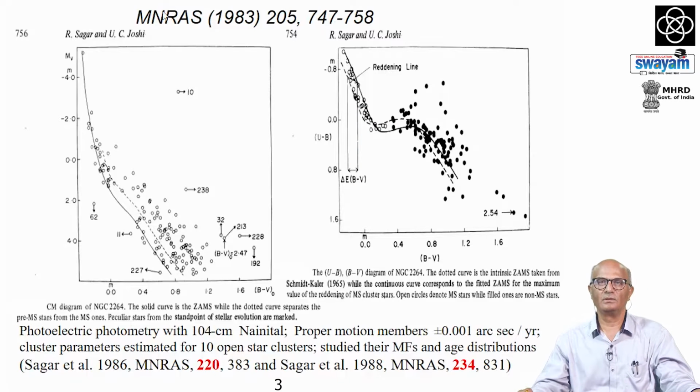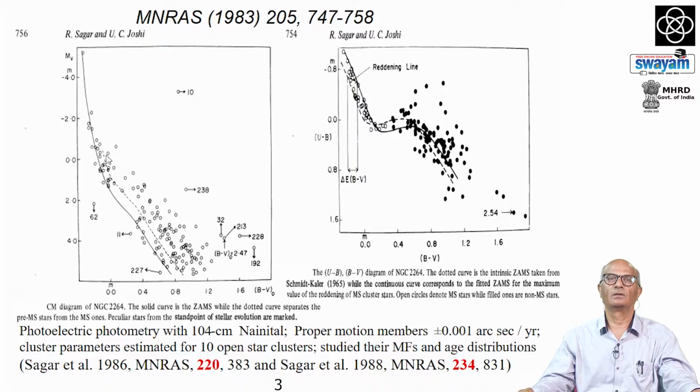This slide tells us how to determine the reddening and distance of a star cluster using the color-color diagram and color magnitude diagram. These observations were taken with our Indian telescope, the 104 centimeter Sampurnanand telescope, and the entire results are published, as indicated there.